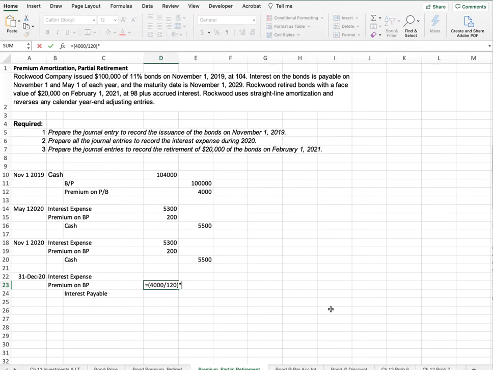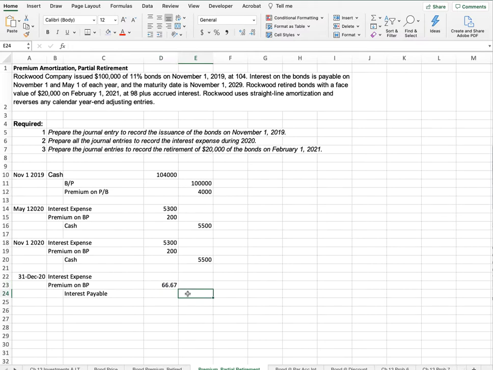And this time we're saying times 2 months instead of times 6 months like we did in the previous example. And so we get 66.66. I'm not positive if this told us to round to whole numbers or not, so we'll leave that.